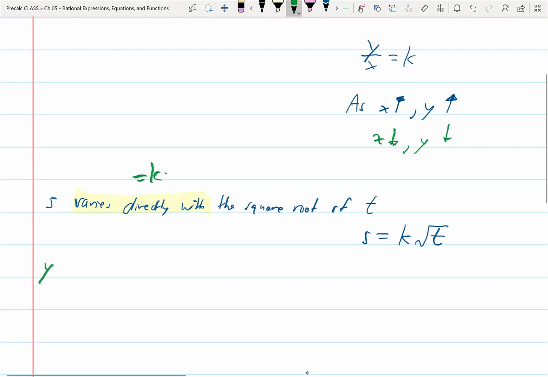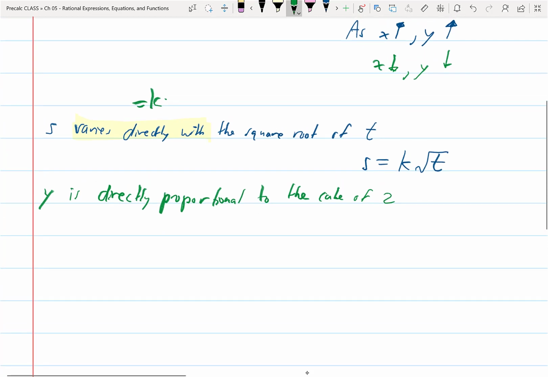So why don't you try it with y is directly proportional, which is another way of saying varies directly. It's directly proportional to the cube of z. Well, if that's true, then y is equal to a constant times z cubed. That's the cube of z.